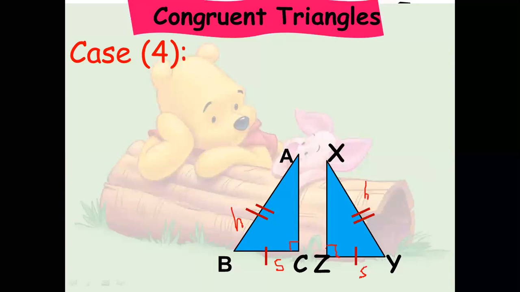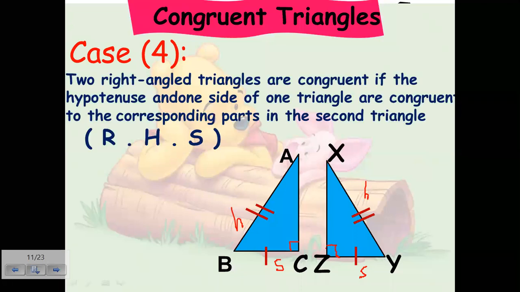So we can say triangle ACB is congruent to triangle XZY. Two right angle triangles are congruent if the hypotenuse and one side of one triangle are congruent to the corresponding parts in the other triangle, RHS.